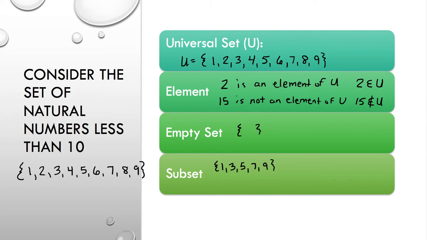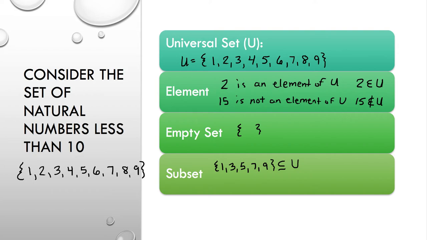Everything that is in this subset that I wrote down here at the bottom is also in the set U. And so to talk about something being a subset, I'm going to use this symbol. So this symbol looks sort of like a C with a line underneath it. And that is the symbol to say that something is a subset of something else.